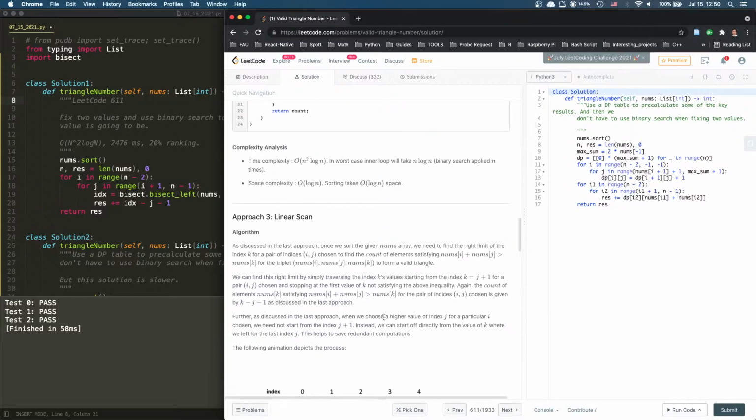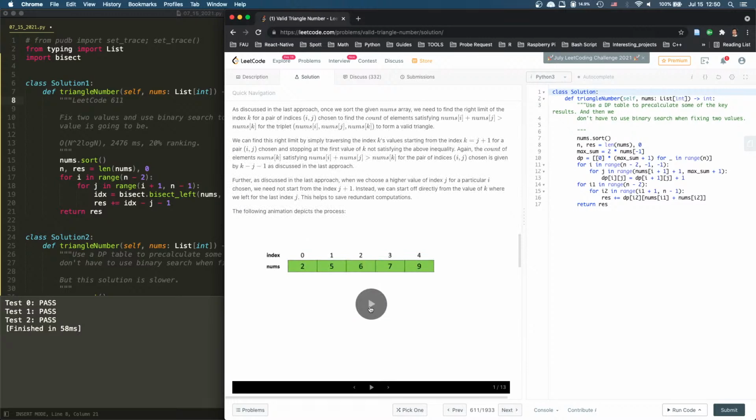Supposing that when we choose a higher value of index j for a particular i, we need not start from index j plus 1. Instead, we can start off directly from the value of k, to save redundant computation. I think I know what it's talking about.